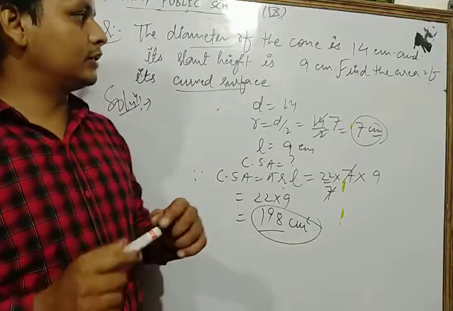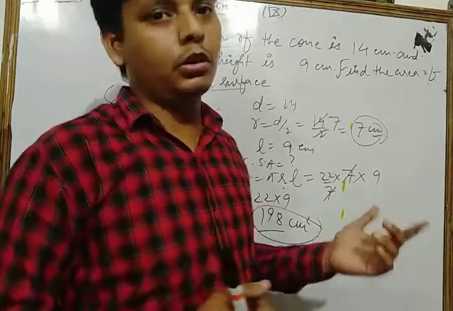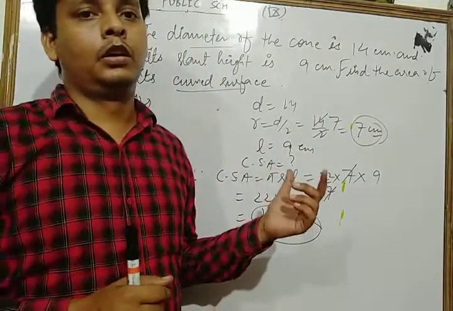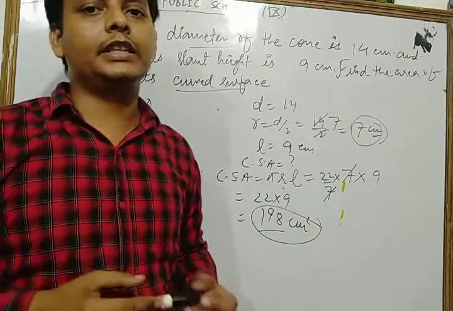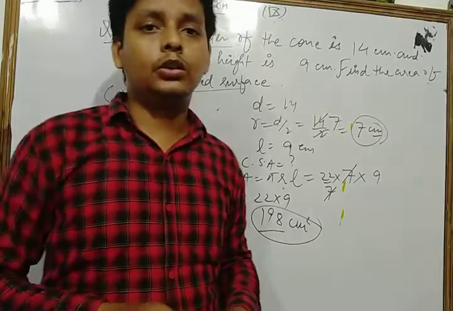So dear students, first you learn all the formulas for the right circular cone, then you solve all the questions of your NCERT exercise based on the right circular cone.